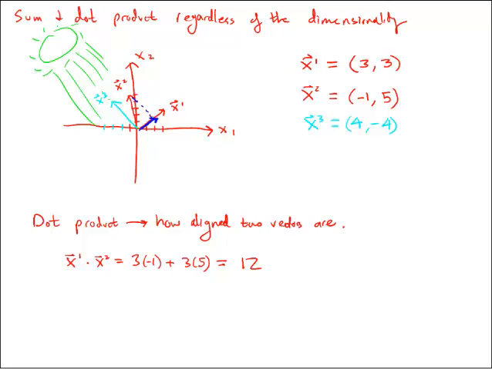What is the dot product of x3 and x1? x1 dot x3 is equal to, well, you can do the math, 12 minus 12, which is equal to 0. So the dot product is 0.